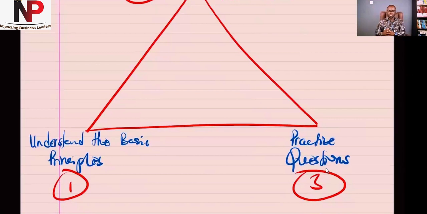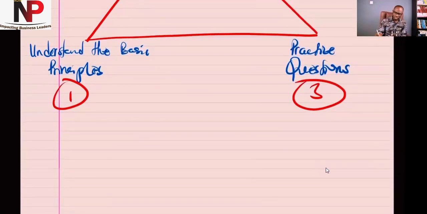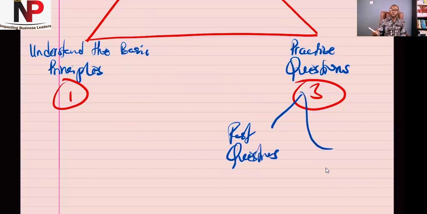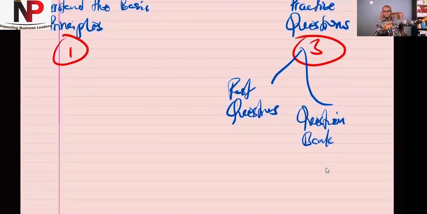Then you practice questions. Now, practice questions should come from various sources. You can practice some past questions. You need to also get questions from the question bank, from ICA. I would recommend that you buy the question bank. If you can't buy the manual, at least buy the question bank, because it has a lot of questions in there.